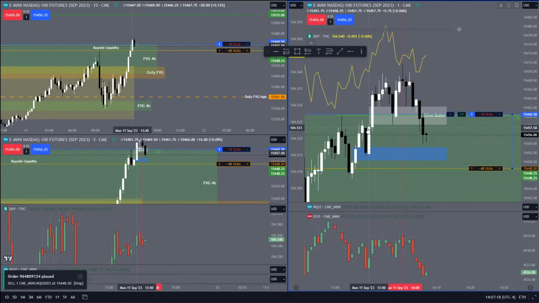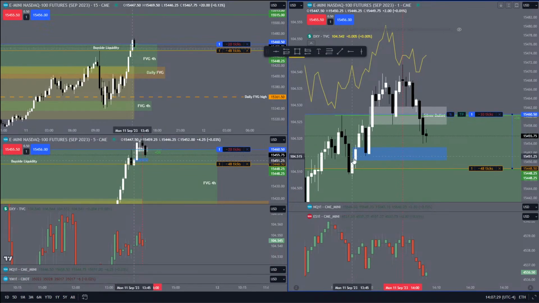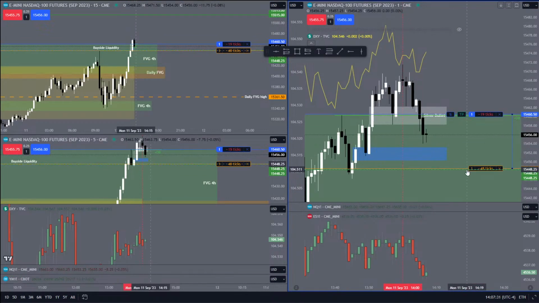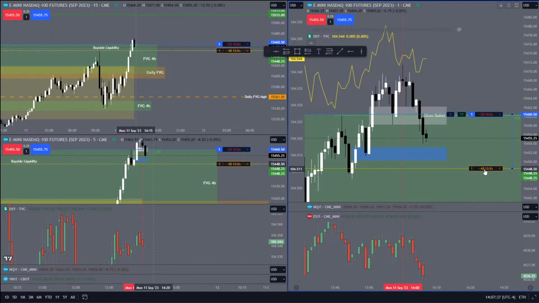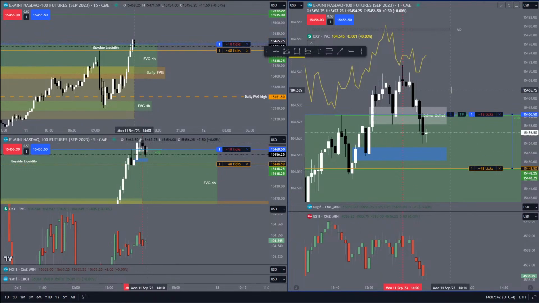We'll see if we respect this down close candle break, see if we violate this PD array. That'll be two PD arrays that we violate if we get down below here. Actually, no, we'll keep it at that.